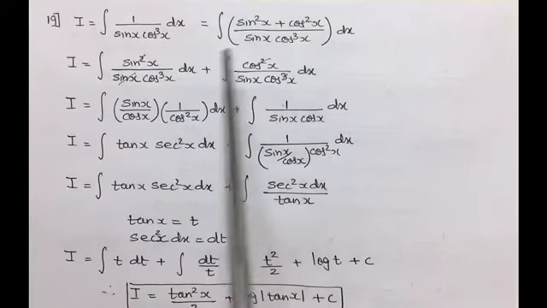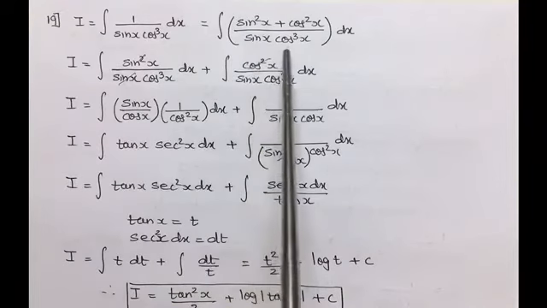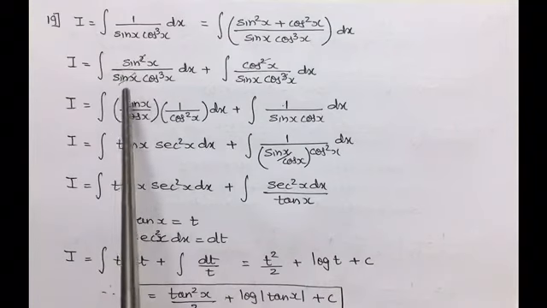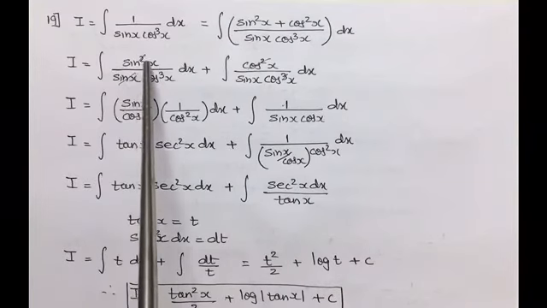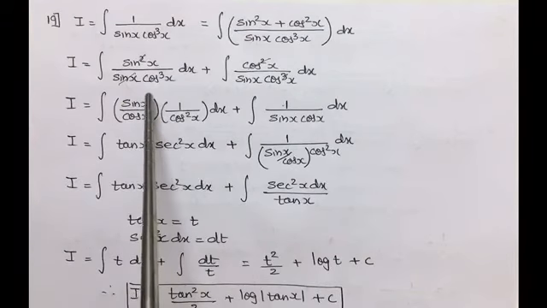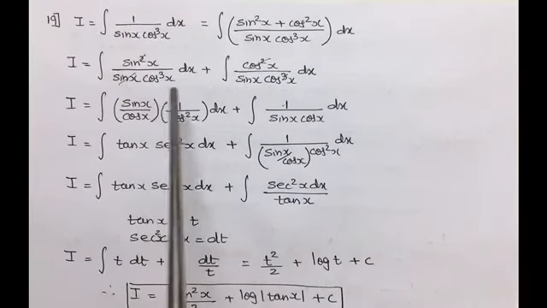Separately dividing both by sin x cos cube x and cancelling it, one sin x remains up, downside is cos cube x.